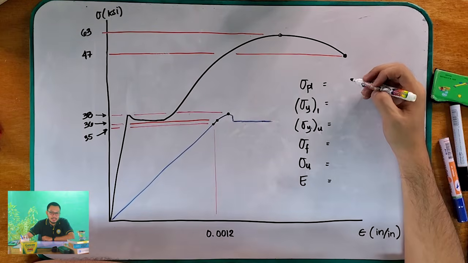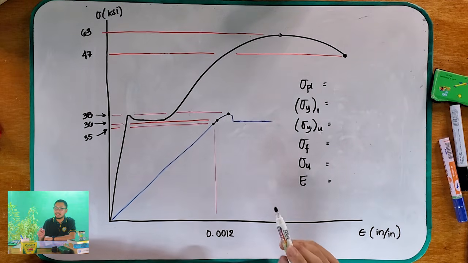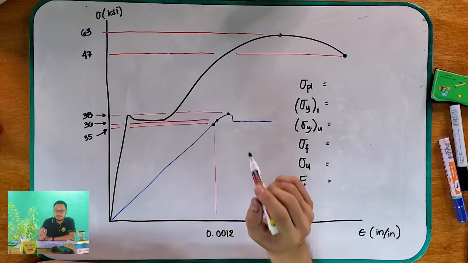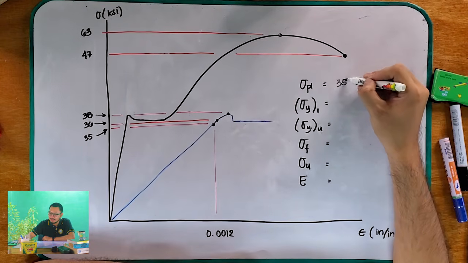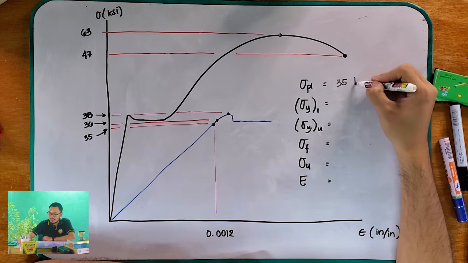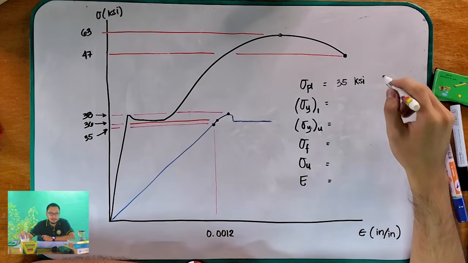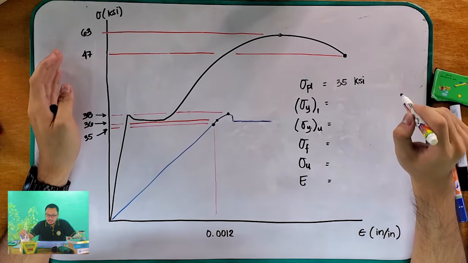Okay? So for our proportional limit, which of these is our proportional limit? We say that the proportional limit is the end of the proportional line, which is this one. So our proportional limit in this case is 35 KSI. How about the yield stress for this diagram?